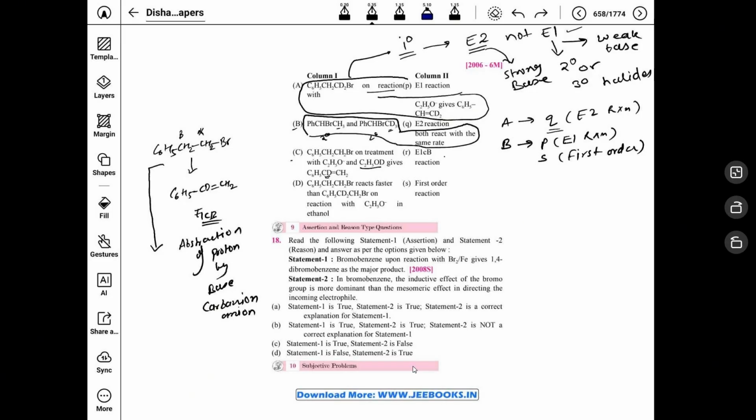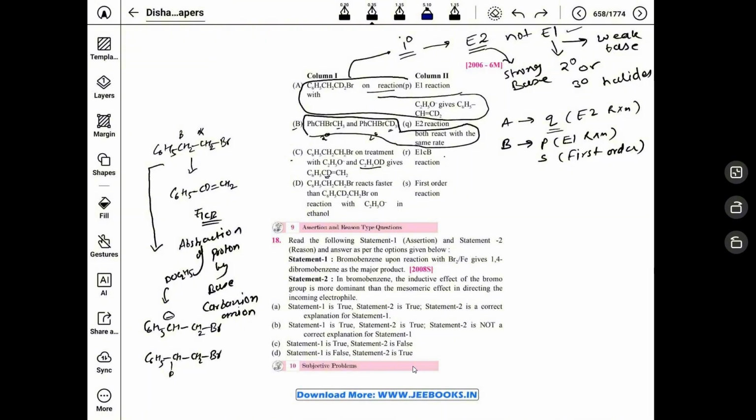So it will form a carbanion like this, and this carbanion can take deuterium from this deuterium ethanol to give you something like a deuterium labeled species like this.